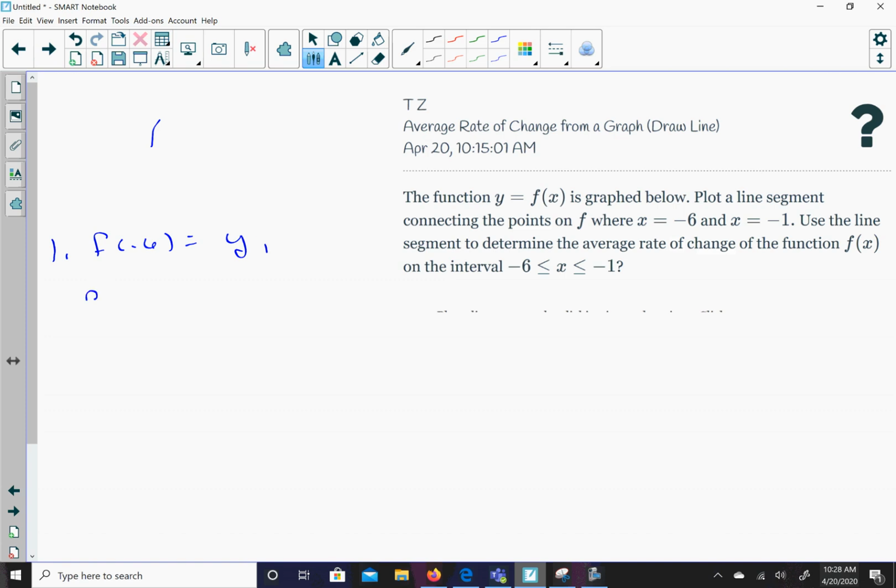And then I'm going to do f of -1, and I'm going to have that y value, which I'm going to call y2. It wants me to find the average rate of change, which is a nice fancy way of finding the slope of the secant line. So I am going to take y2 minus y1 over -1 minus -6, and I'm going to get an answer.